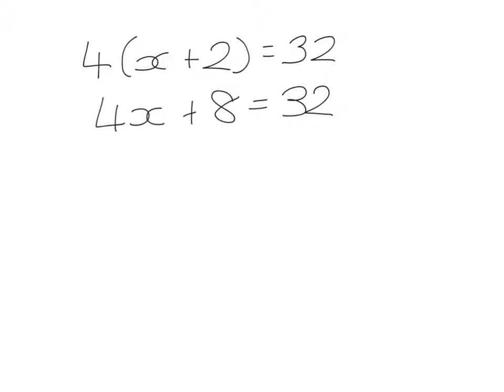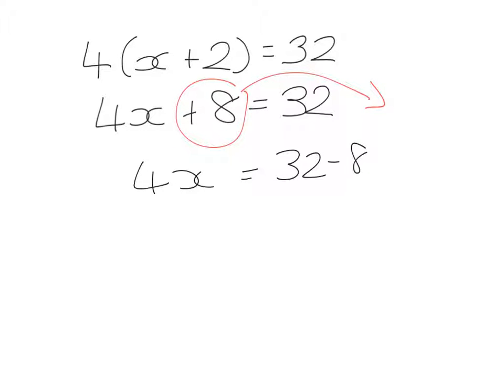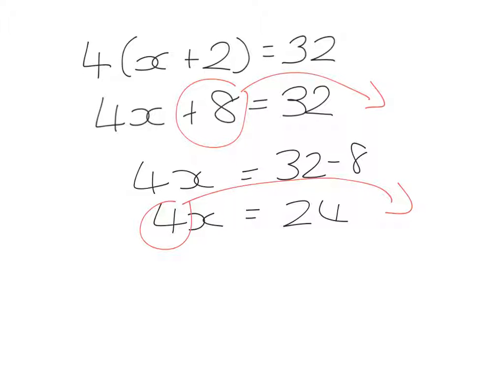Solve it normally now. Adding bit comes across first to give you 4x equals 32 minus 8. So 4x equals 24. And then the 4 comes across. If it's multiplying on the left, it divides on the right. So we get x equals 6.